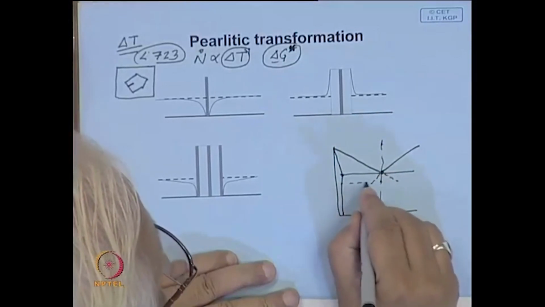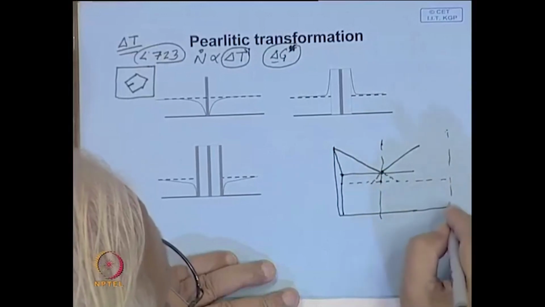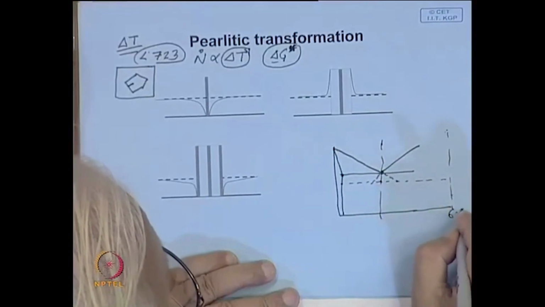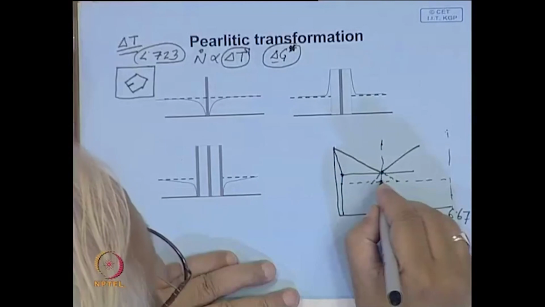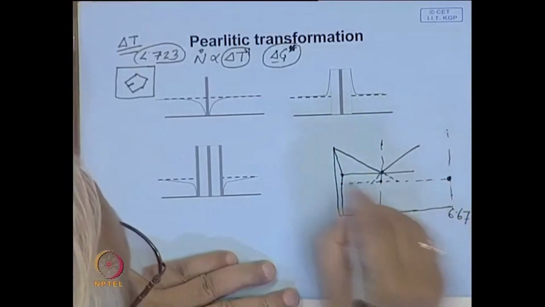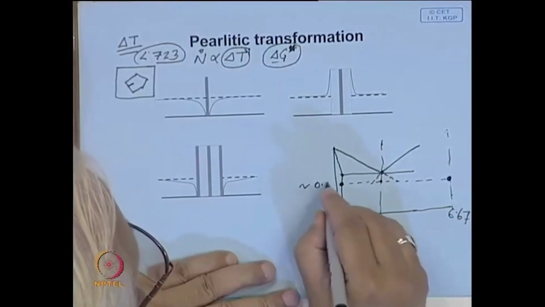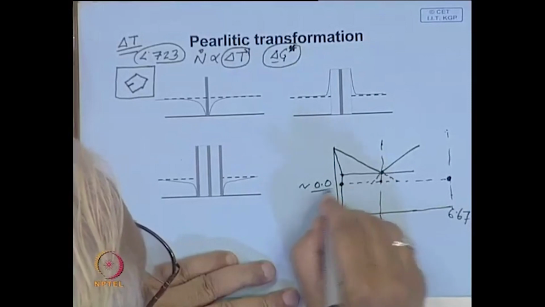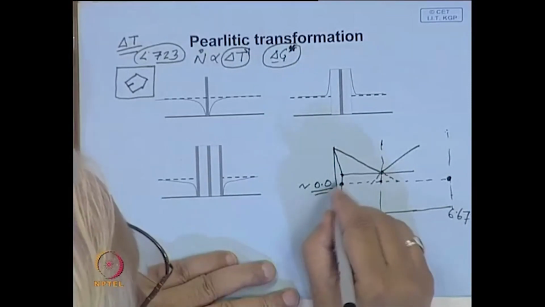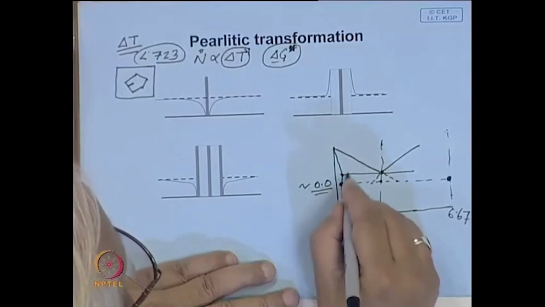Here you will draw a line like this. So, cementite is somewhere here, 6.67. Now the cementite concentration is 6.67, and ferrite is virtually 0, very small; let us say at this temperature it is 0.01.